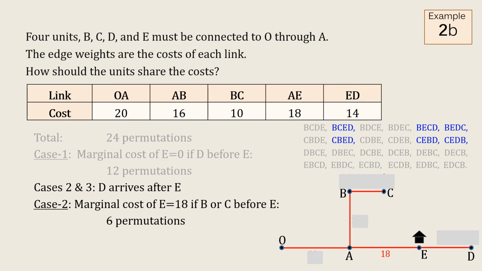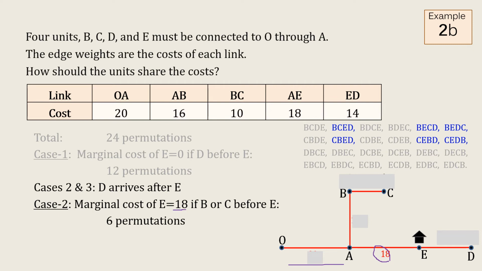So this is case 2. Here, at least one of these two units, B and C, is there before agent E arrives. There are 6 such cases. And in this case, this link is already existing. So agent E has to pay only this cost, 18.